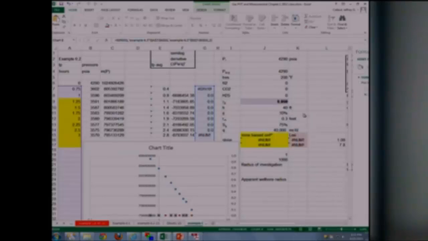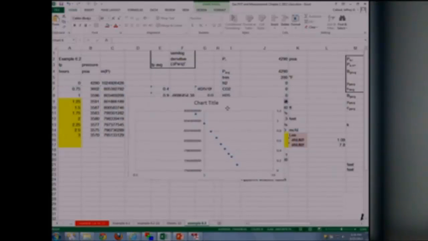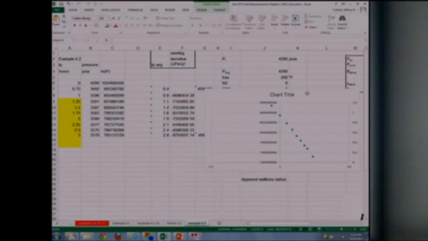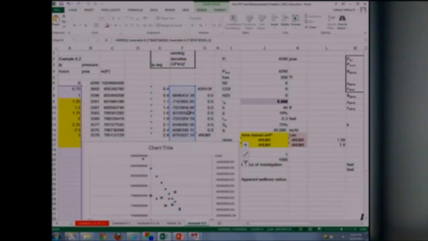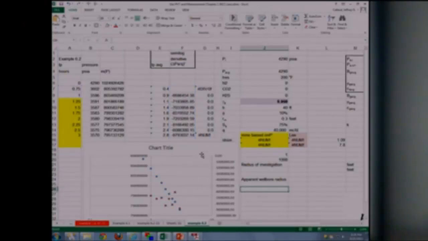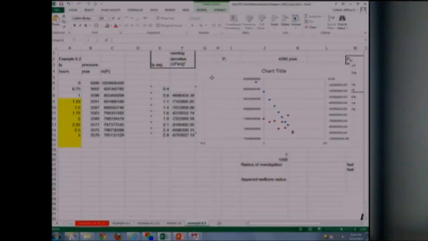I don't know why I can't get my scale. What happened to my data? Just kind of floundering around here trying to get a start.